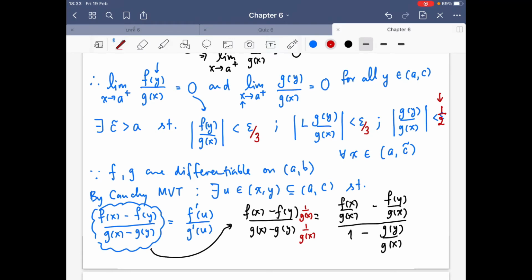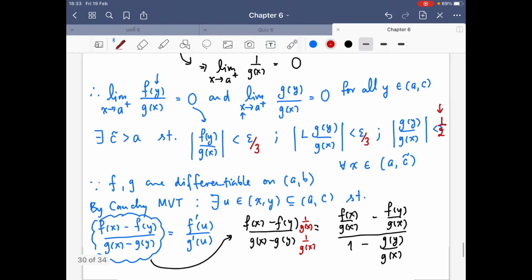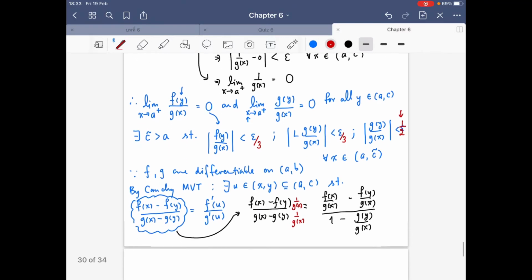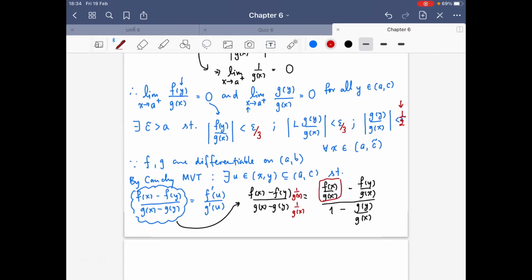We can do this because as x goes to a from the right, g(x) goes to positive infinity, so g(x) is always positive. You can just take the reciprocal and you don't need to care about g being 0. And right here is the portion that you need, f(x) over g(x). So you connect the dots: this equals this quotient.